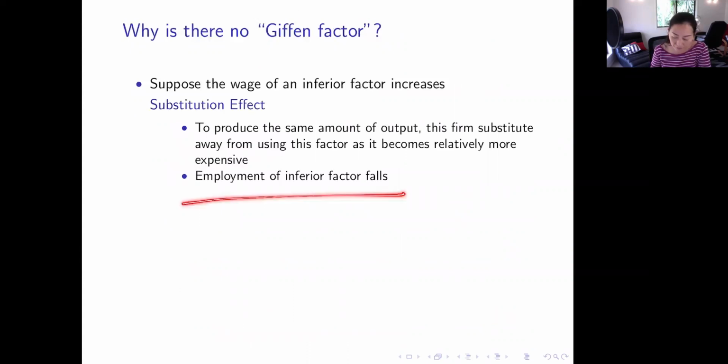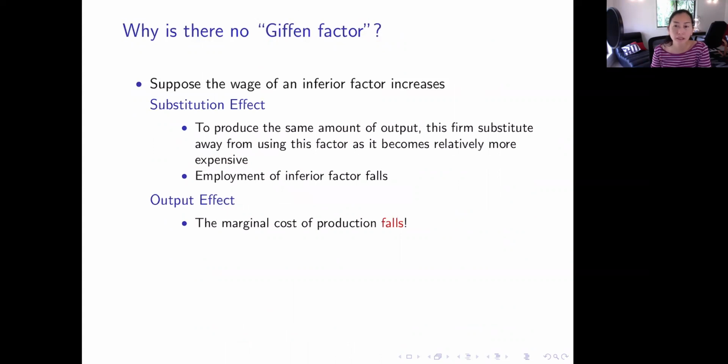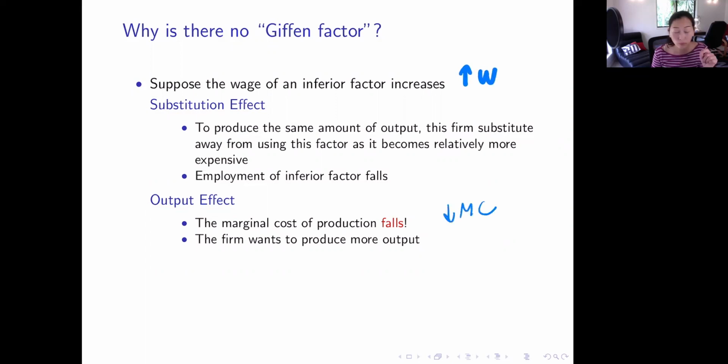And all of this is basically a more formal way of what I explained earlier. What I explained is just a summary of all of this about substitution effect and output effect. Okay, when the wage increases, the marginal cost falls for the output effect because a higher wage means higher saving.